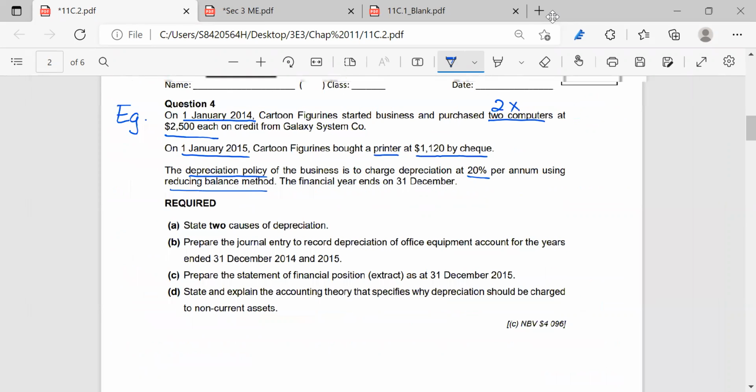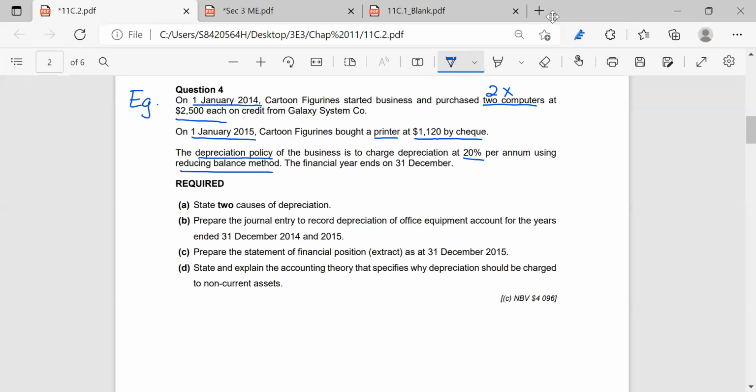So timeline wise, I have two computers here. I will call them equipment 1 and equipment 2, EQ1 and EQ2. The printer, I will call it EQ3.